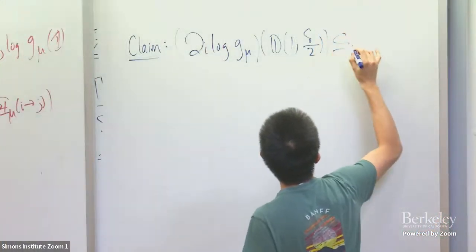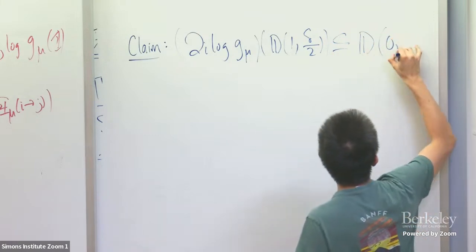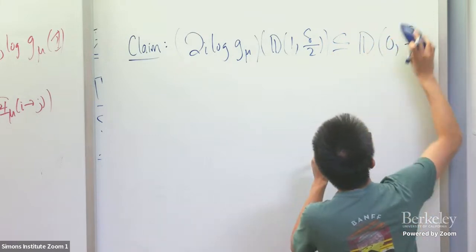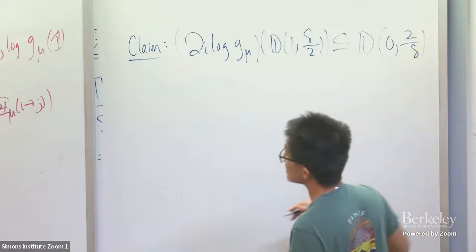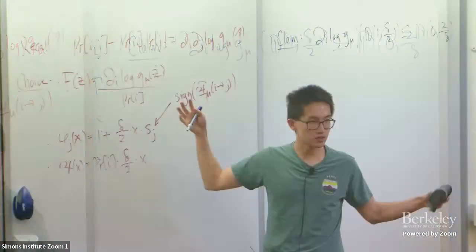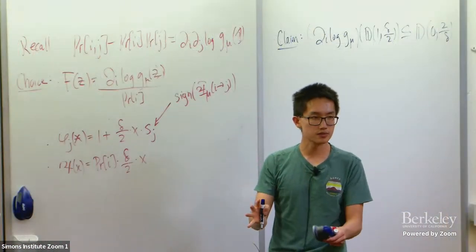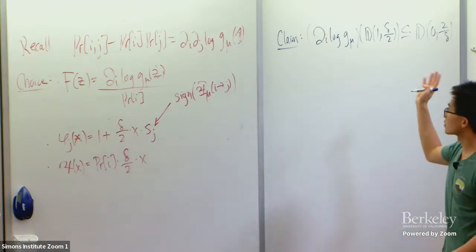This is contained in a ball that's not too large radius. Because once I can do that, then this is the correct scaling to squash it back into the unit disk. It says that this function is not blowing up the image too much.